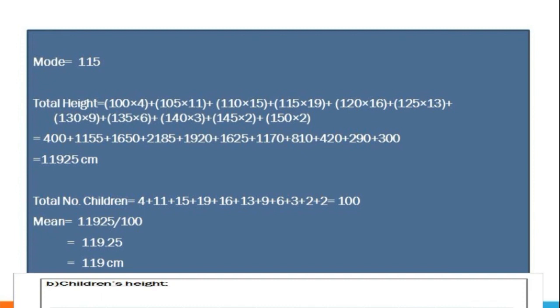Then how many children are there? There are 100. I have added up all the numbers of children here. Then I divide 11,925 total height by the total number of children, which is 100. So I get 119.25 mean, and as we have to write in whole unit, it is 119 centimeter.